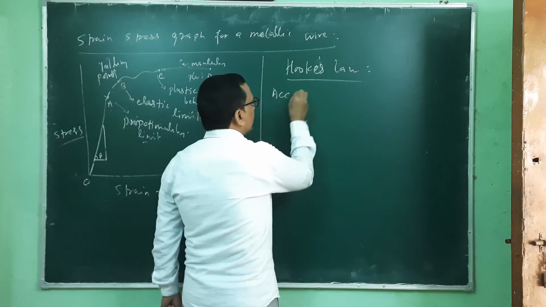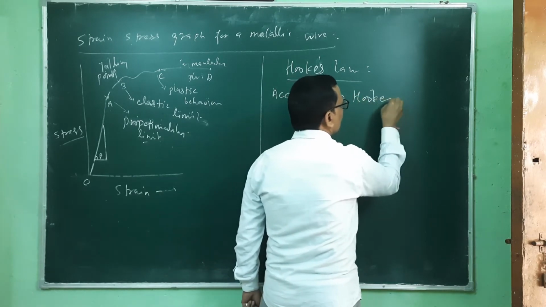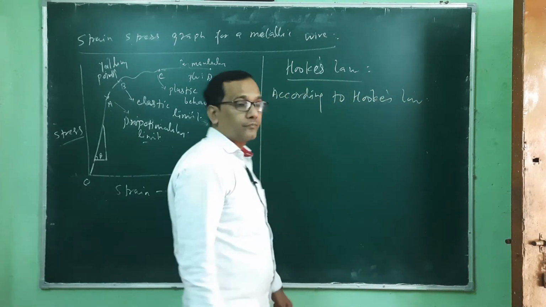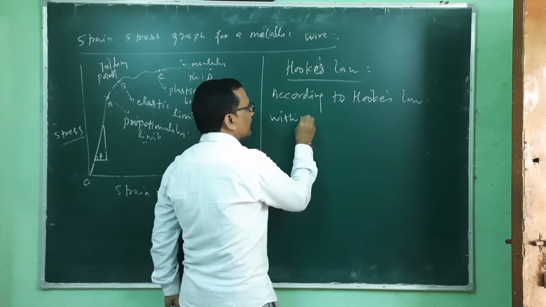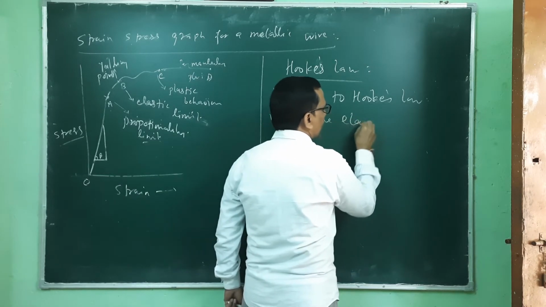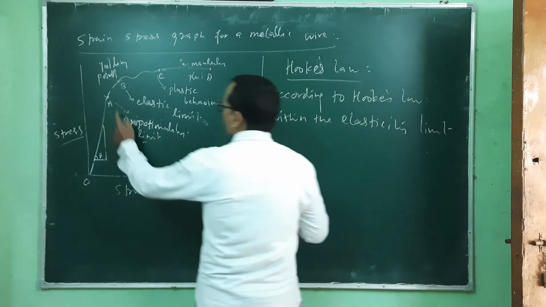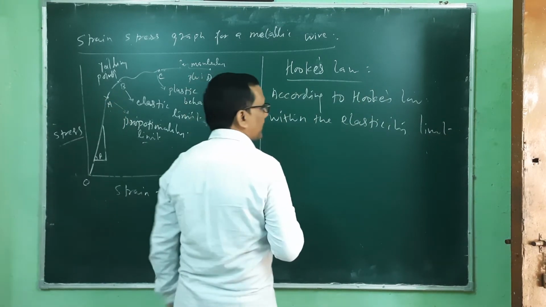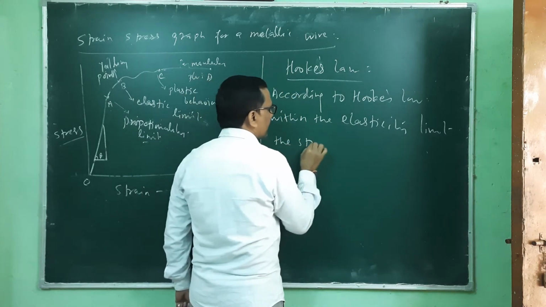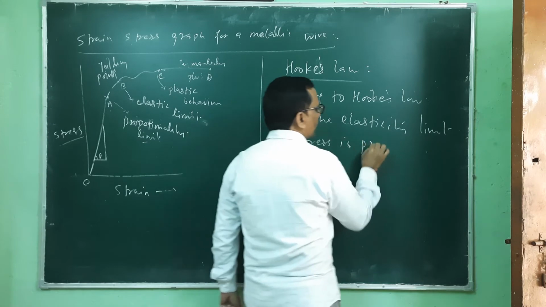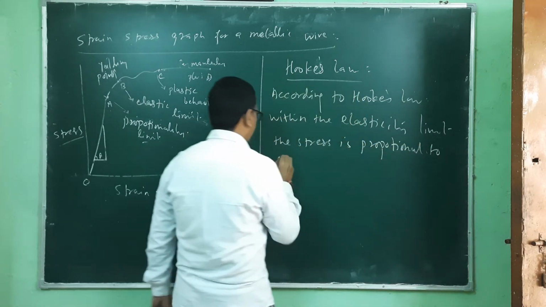According to Hooke's law, within the elasticity limit, meaning up to this point A, the stress is proportional to strain.